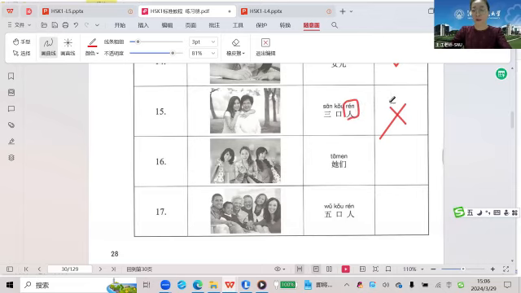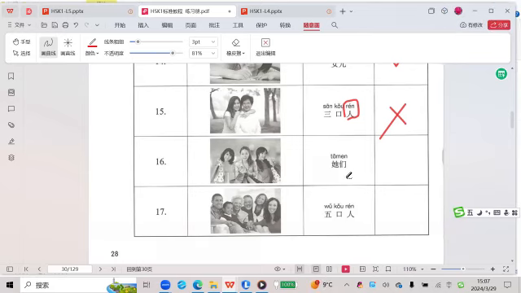Rabia Noshin, number 16. Are you there? Okay, Mr. Amir Ahmad Awan.